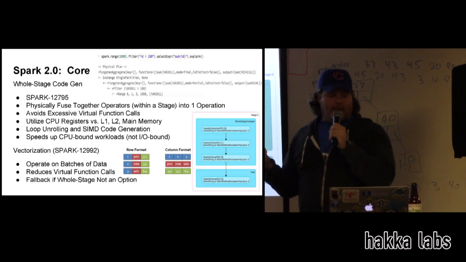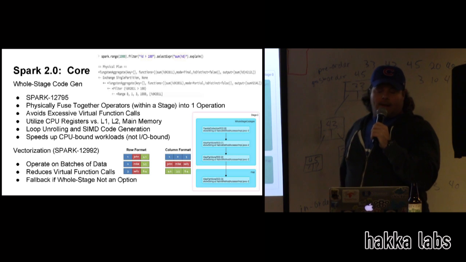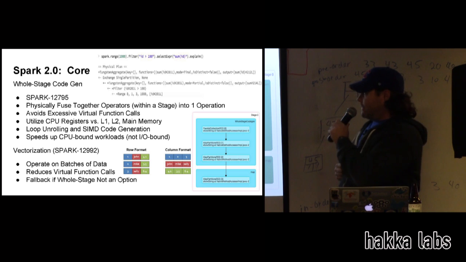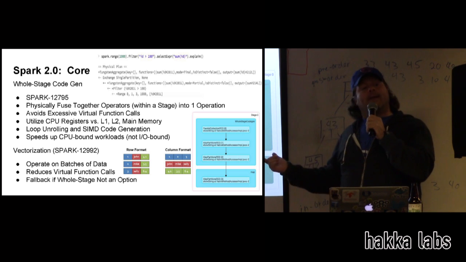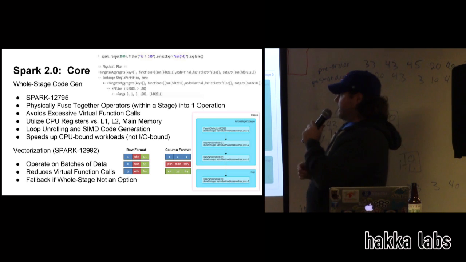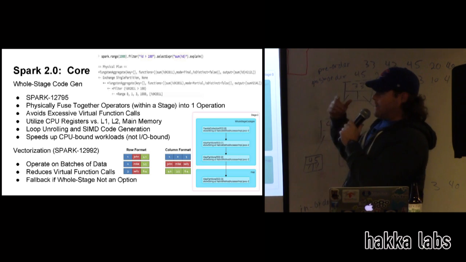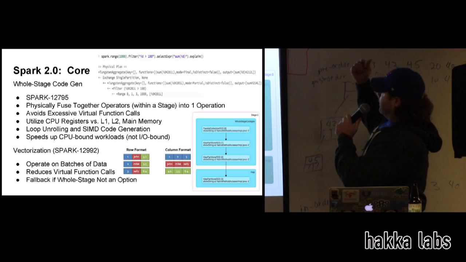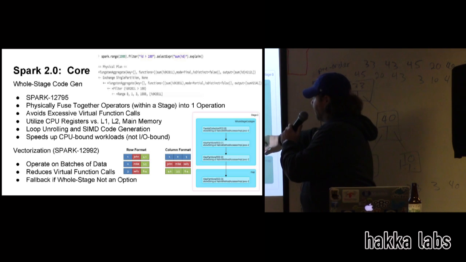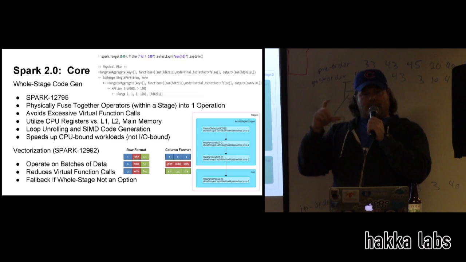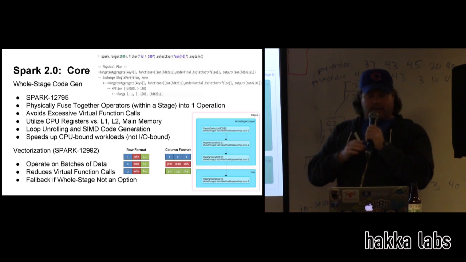I go back to one of my first or second Spark Meetup talks, and I actually thought that this was happening back then, but it's not. So what's going on is they're physically taking your source code, figuring out what you're trying to do. Here there's a range and then a filter and then an aggregation happening. Those 3 can physically be fused into one physical Java method basically.